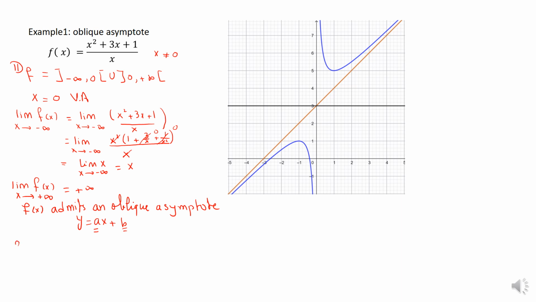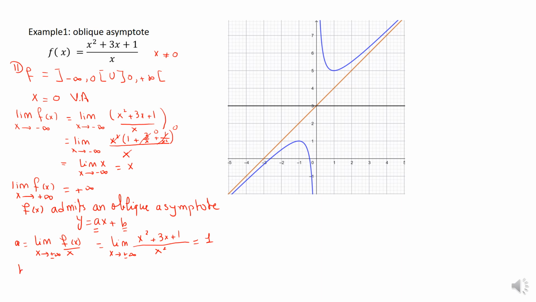Now, what is a? A is the limit of f of x over x as x tends to plus or minus infinity. So it is the limit of x squared plus 3x plus 1 over x squared, highest degree coefficient 1, highest degree coefficient 1, so it is 1, as x tends to plus or minus infinity.